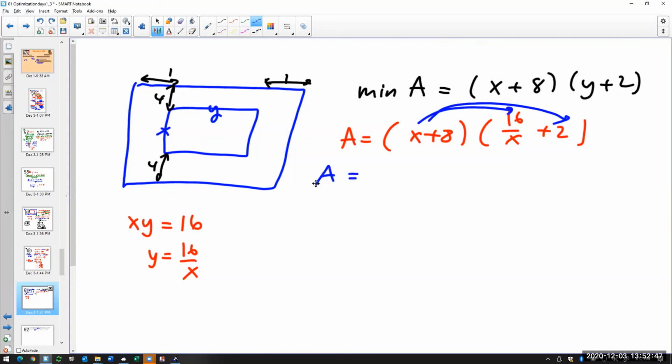I think foiling is, if we're consistent, so I'm going to multiply x times these two terms, multiply 8 times these two terms. I'll get 16 plus 2x. When I multiply 8 times 16, I get a headache. No, actually what I get is 108. No, actually I don't know what that is. Oh, 128, thank you. 128 over x plus 16. Take the derivative of this, and it's just like the flower garden problem.